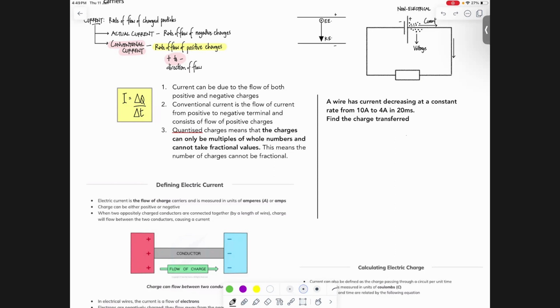No, I equals del Q by del T. 0.12. Yeah, sure.